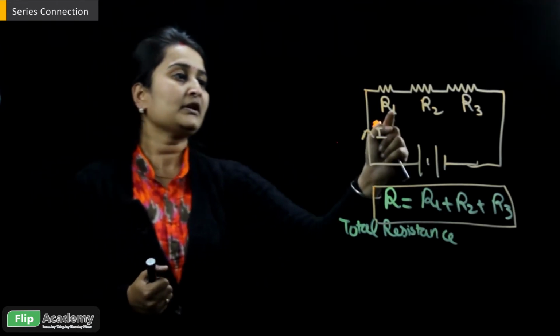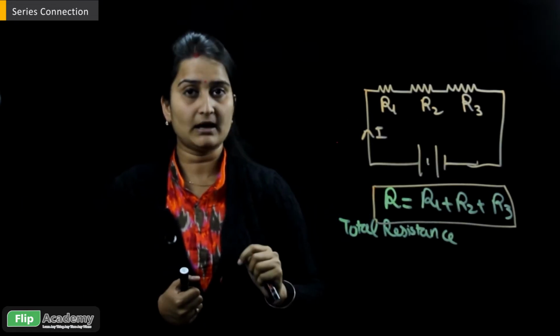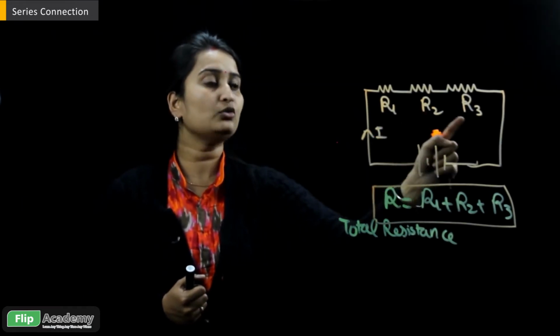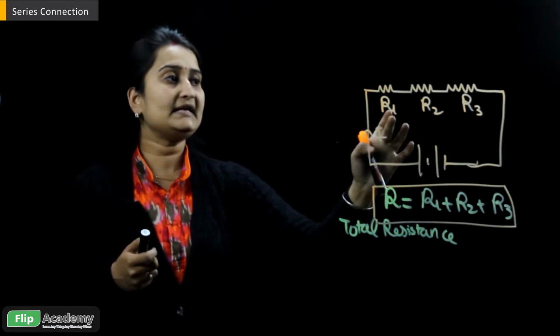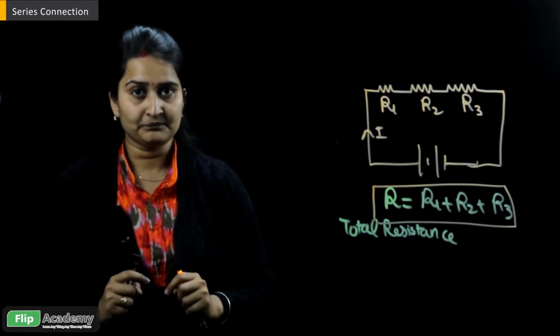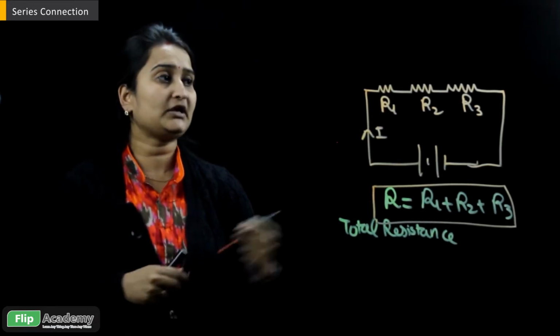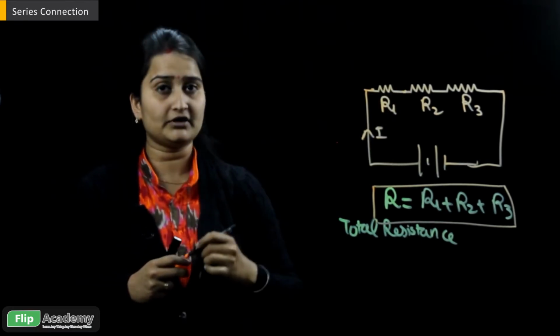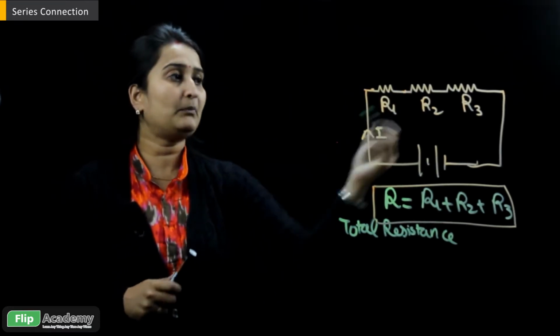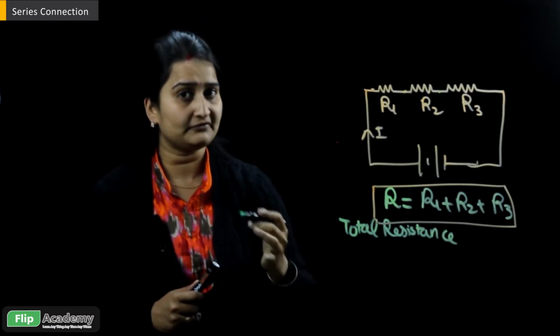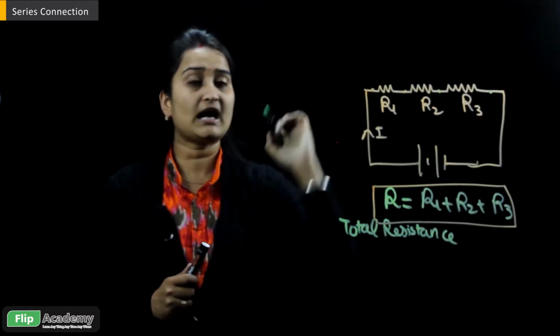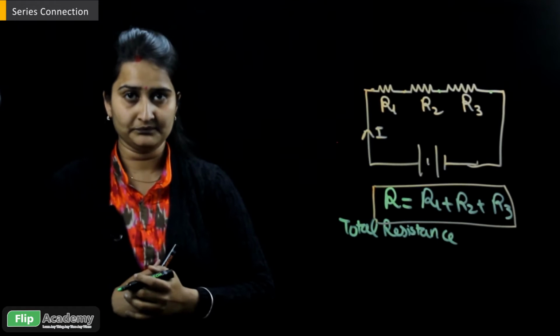Suppose these are the 3 appliances connected, R1, R2, R3. If the appliances are connected in series, then the potential difference across R1 is different, the potential difference across R2 is different, and the potential difference across R3 is also different.